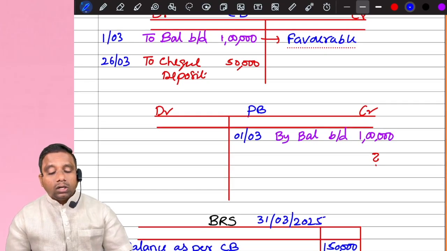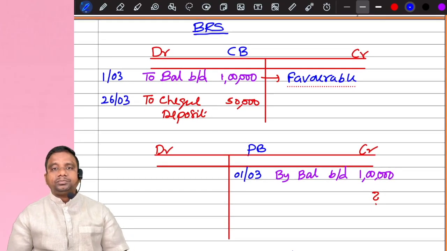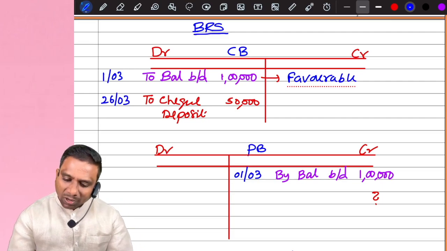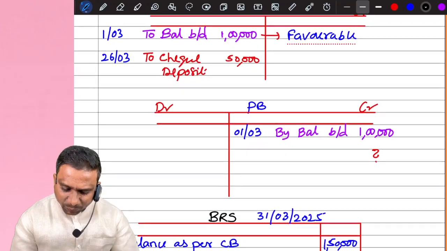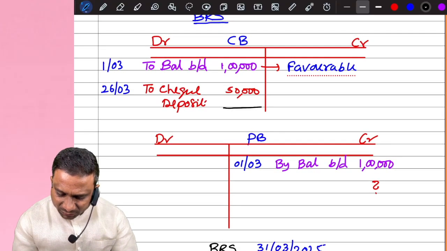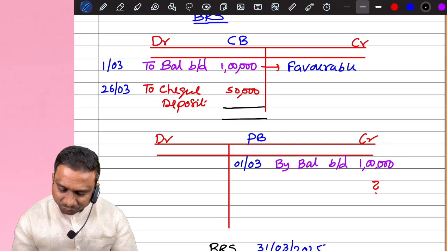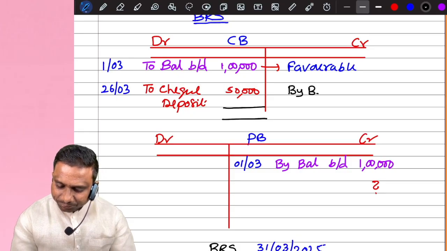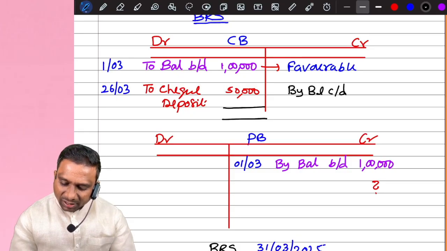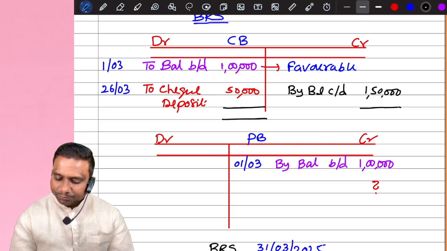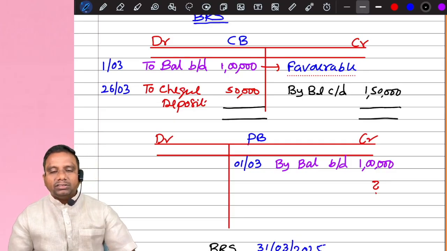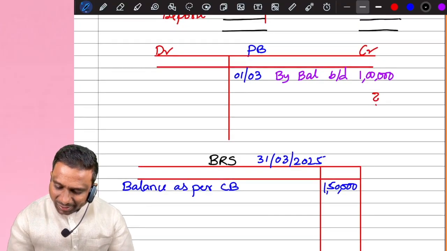Now observe, as per the cash book, how much balance do you have? As per the cash book, the balance is 1.5 lakh, by balance c/d 1,50,000. Whereas as per the passbook, the balance is how much?